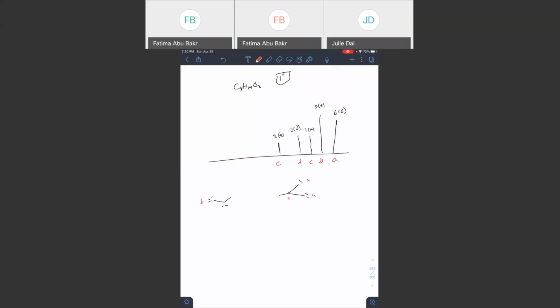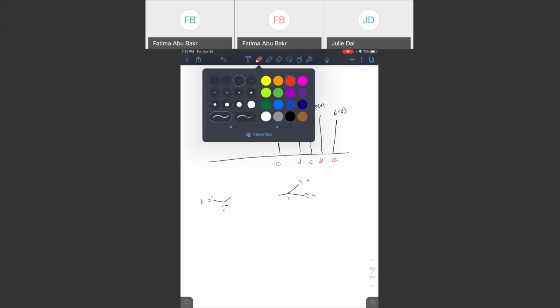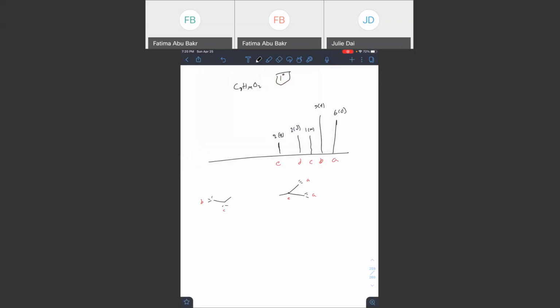It can either be C or D, but clearly it can't be D because it's already a quartet, so it's C. And that means that there must be no hydrogens there. So looking back real quick at our formula, how many carbons do we have? We have 1, 2, 3, 4, and 5.